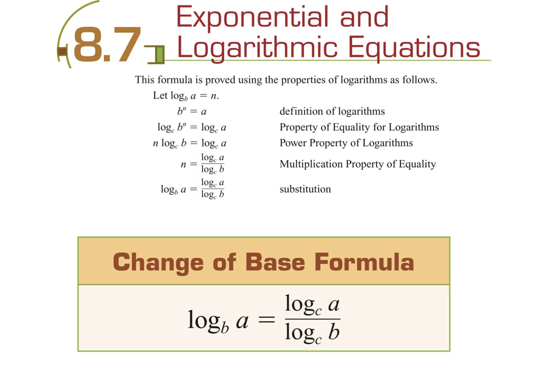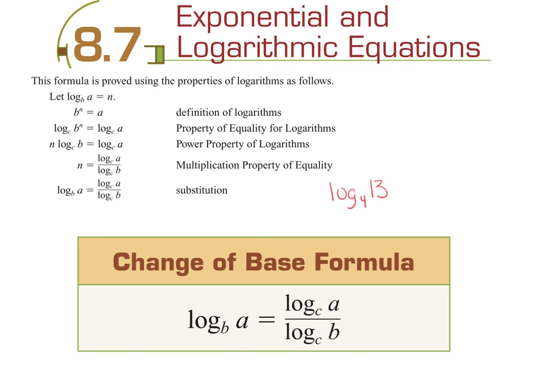So for example, let's say I wanted to find log base 4 of 13. Obviously, you're not going to be able to just do that in your head because 4 does not multiply by itself to get 13. So we can use this formula with log base 10.